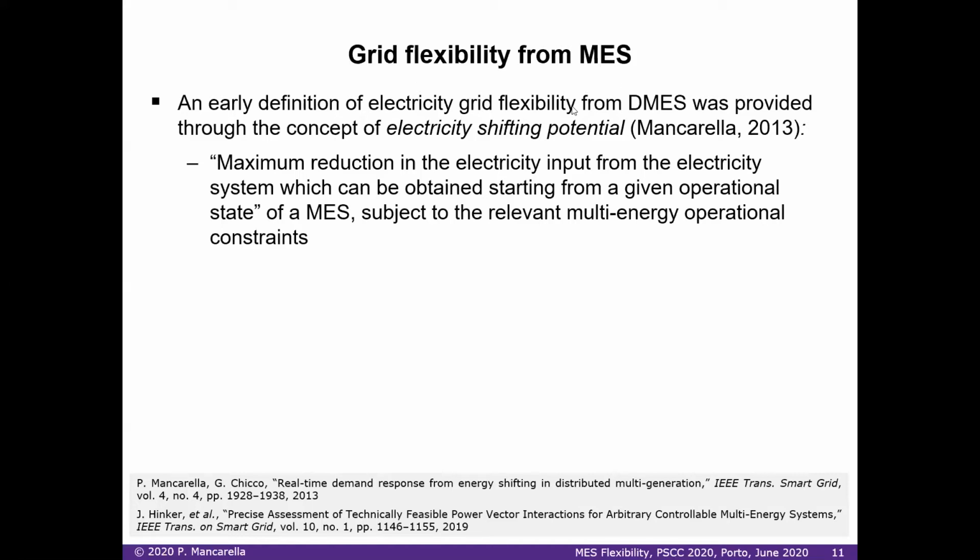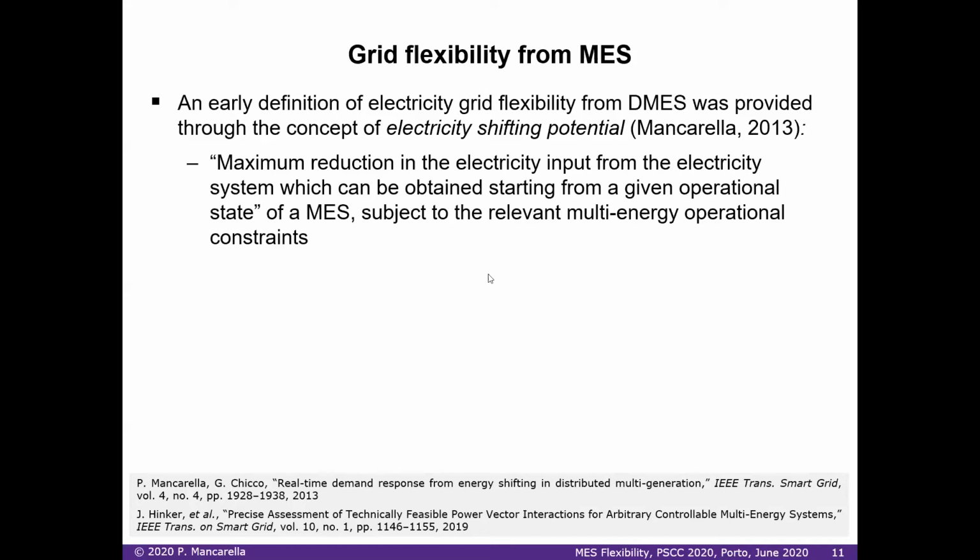An early definition was given by papers of a few years ago, where this was called electricity shifting potential, where effectively the definition was maximum reduction in the electricity input from the electricity system. So basically how you can, for example, reduce the input from the system in this case, which can be obtained starting from a given operational state of the multi-energy system.